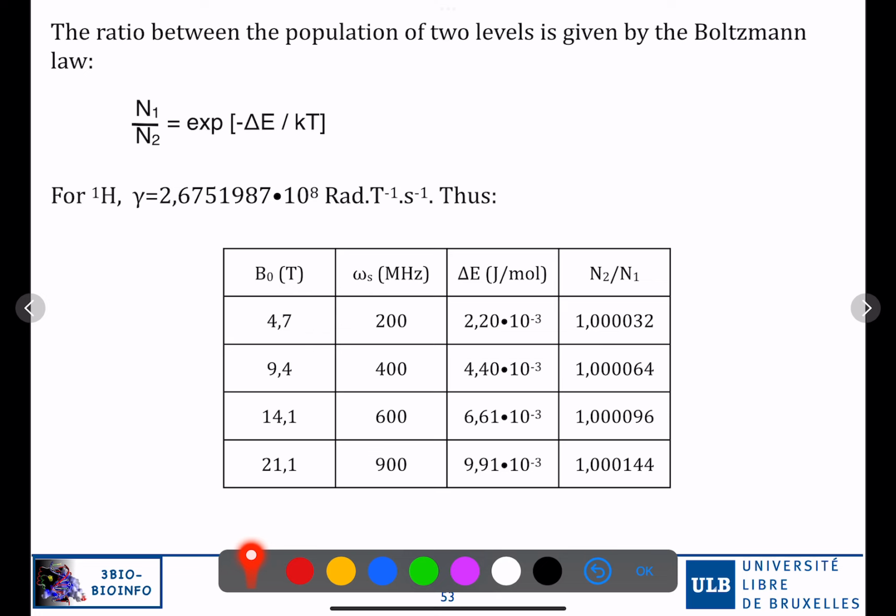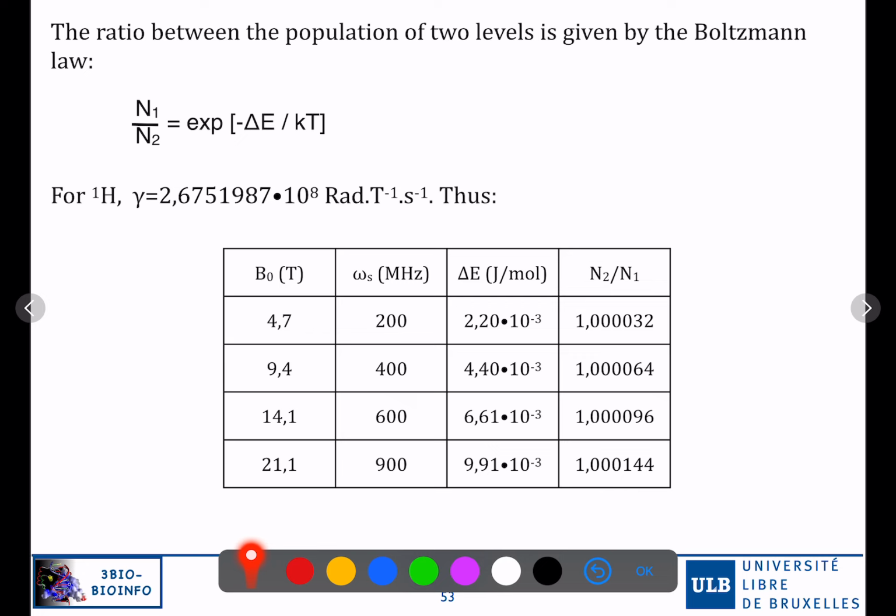So here you have an example. You will take the example of hydrogen 1. Here you have different intensities of magnetic fields. You have the corresponding Larmor frequency for these different magnetic fields, and here you have the energy difference in joule per mole. And here you have the ratio that is computed with the Boltzmann equation.